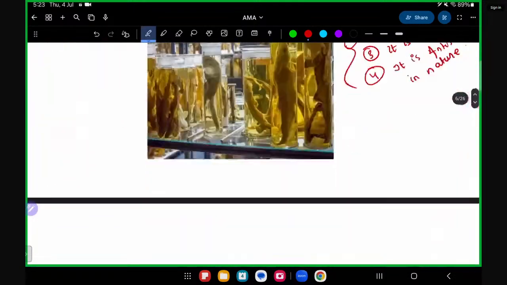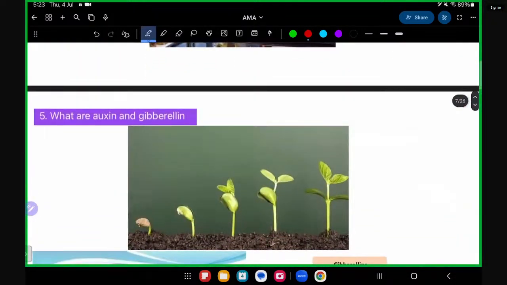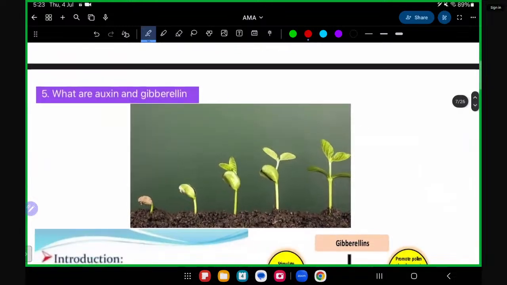Then we will proceed to our next question, which is, what are auxins and what are gibberellins? First, auxins and gibberellins are PGRs. What is PGR? It is plant growth regulator.